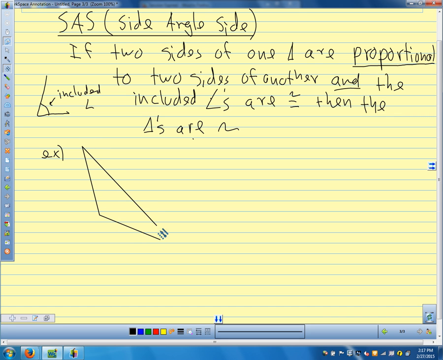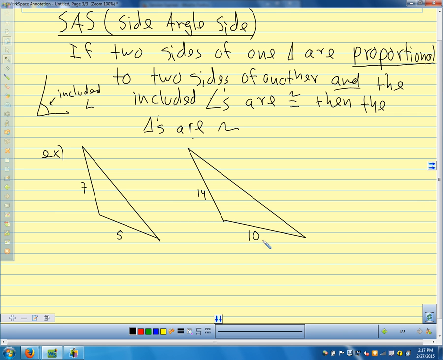Here are my triangles. All right, I'm going to say this is 7 and 5 and 14 and 10. So for side angle side, are these pairs of sides looking okay? Yes, because they're half. Our scale factor is 1/2. If this angle is going to be 110, what does this one have to be for them to be similar?